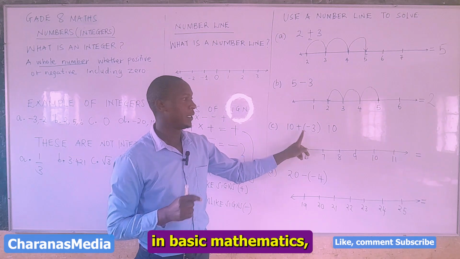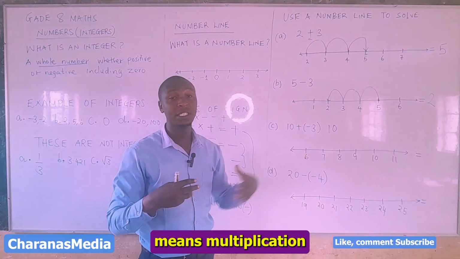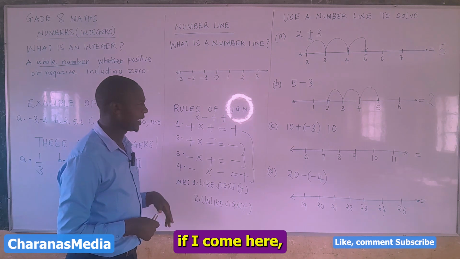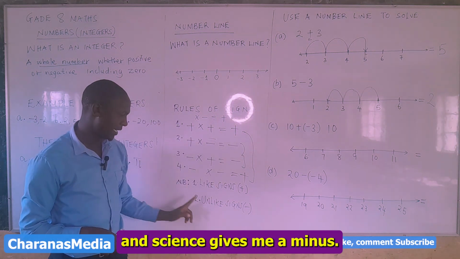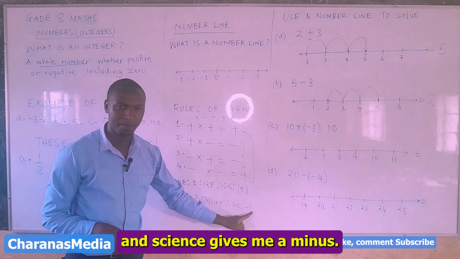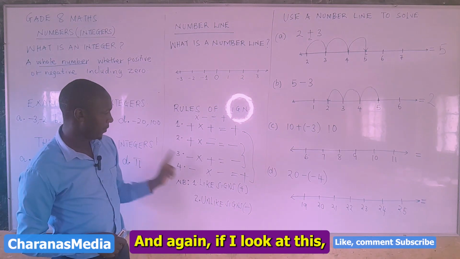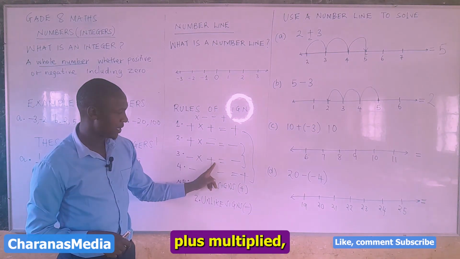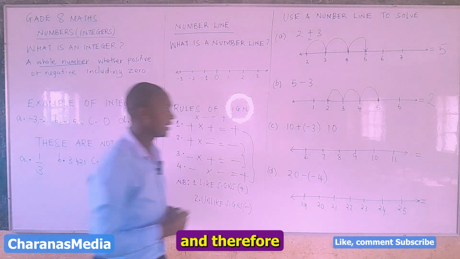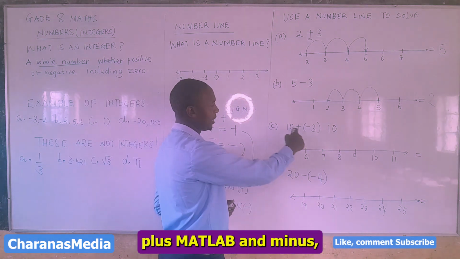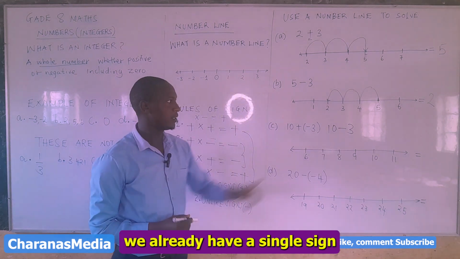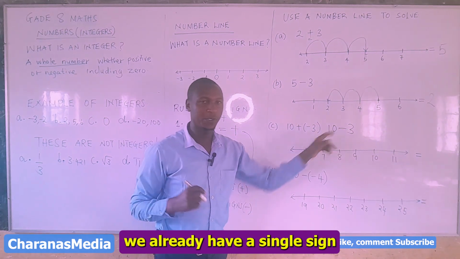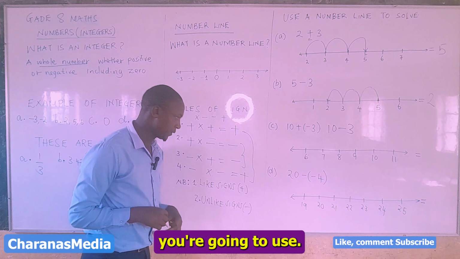Remember, in basic mathematics, a bracket means multiplication. And therefore, a plus multiplied by a minus, because I said unlike signs give me a minus, I get a minus 3. So you notice we already have a single sign, that is the one that we are going to use.